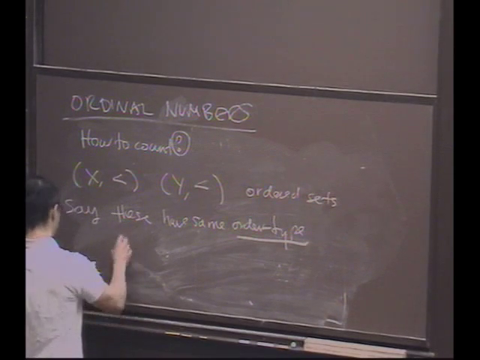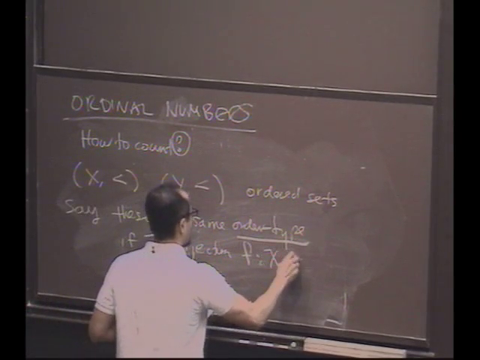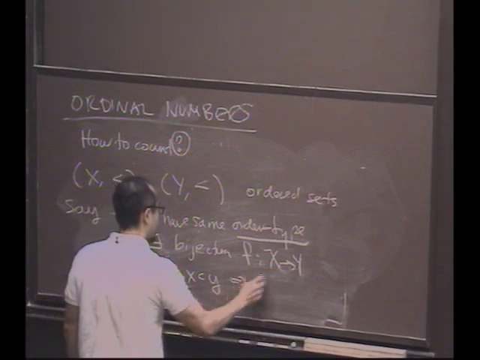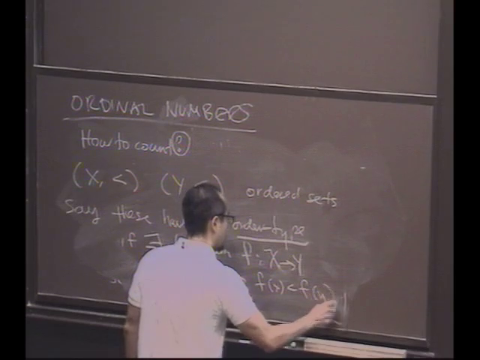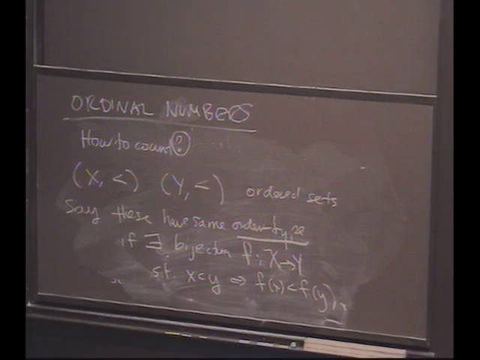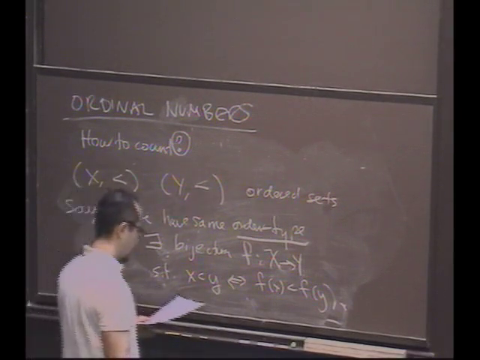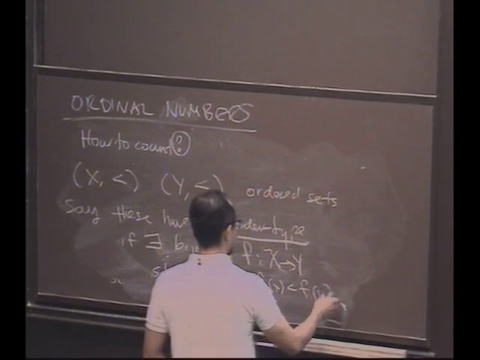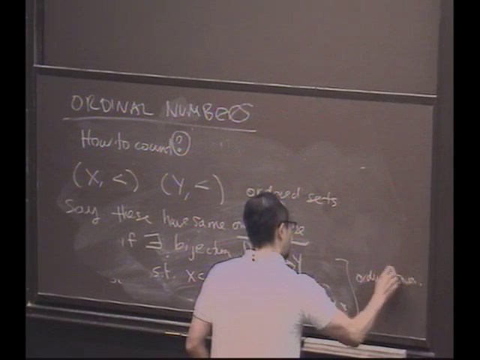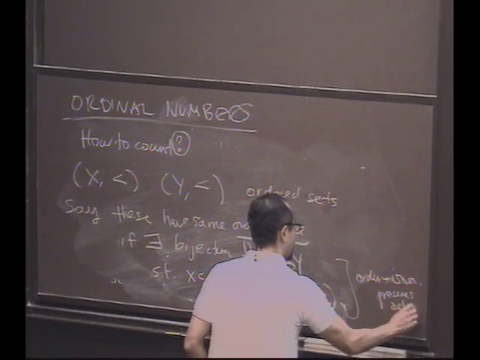So let's say these have the same order type if there exists a bijection f from X to Y such that x less than y implies f(x) is less than f(y). Okay. All right. So this is, in fact, the if and only if. Okay. So we call this thing, it preserves order, an order isomorphism. So this is just a way of saying these things look the same from the point of view of orderings.